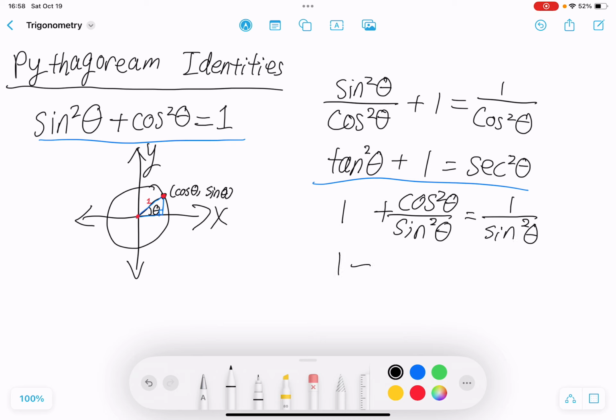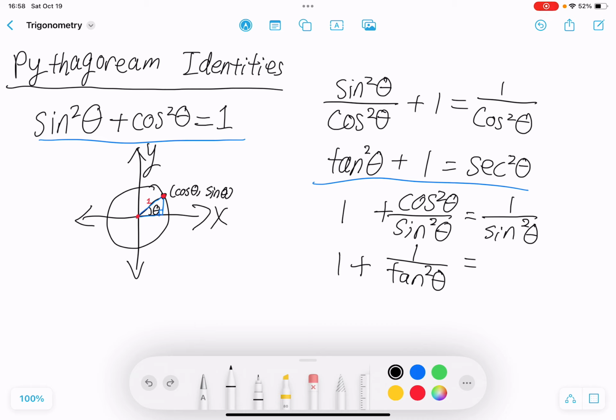So we have 1 plus, this thing is the reciprocal of tangent, so this is just 1 over tangent theta squared. And this side, 1 over sine theta squared, is going to be, well, the reciprocal of cosine is secant, right?